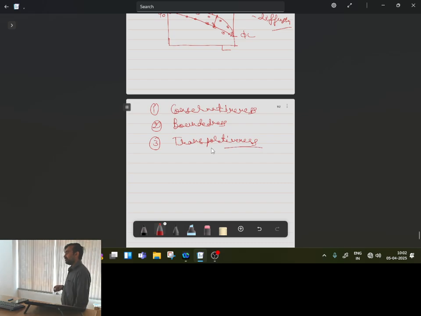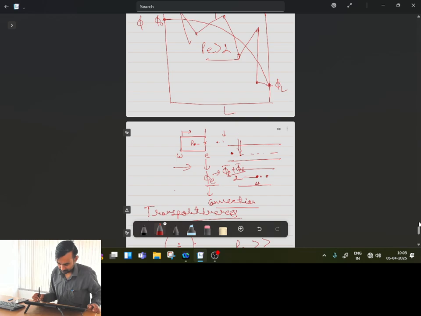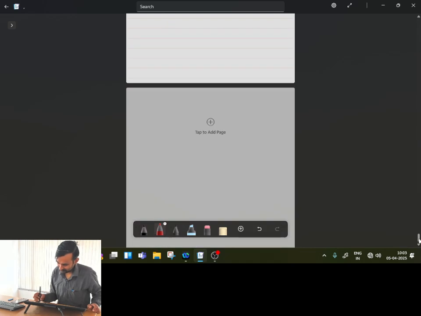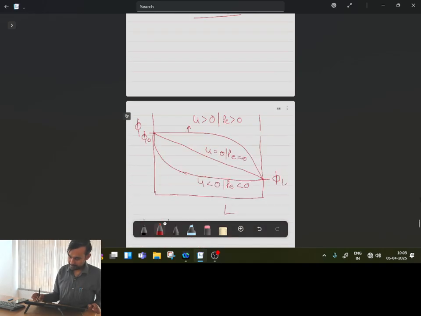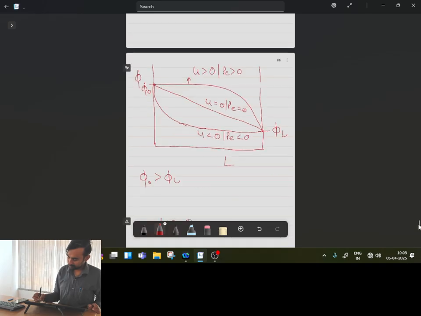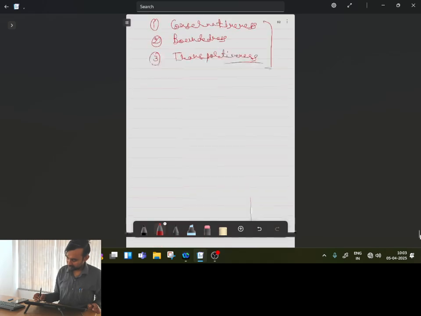So the meaning of conservativeness is, whenever we use interpolation functions, we have to choose them in such a way that all these three behaviors are satisfied. For example, let me plot it over here.